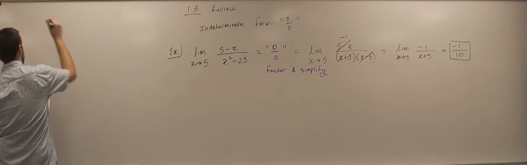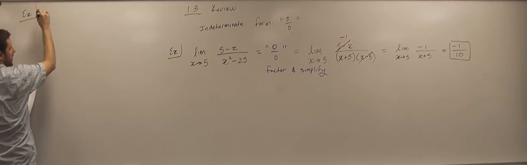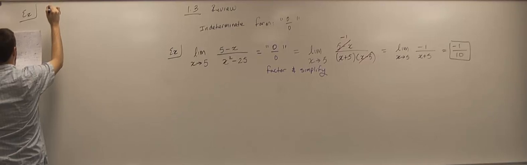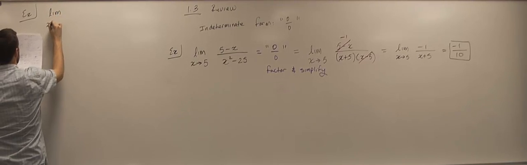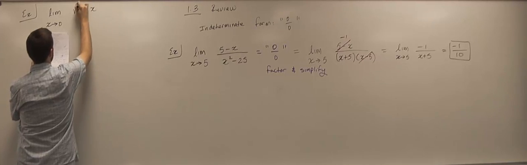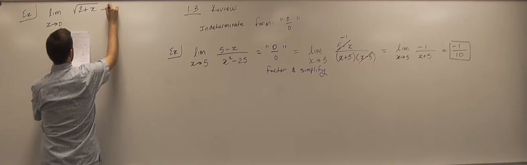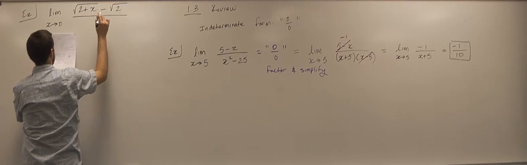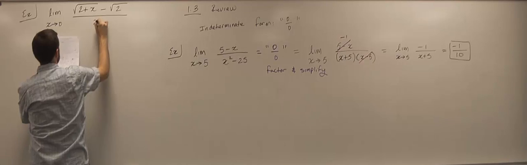Example, let's calculate the limit as x goes to 0 of the square root of 2 plus x, minus root 2, over x.